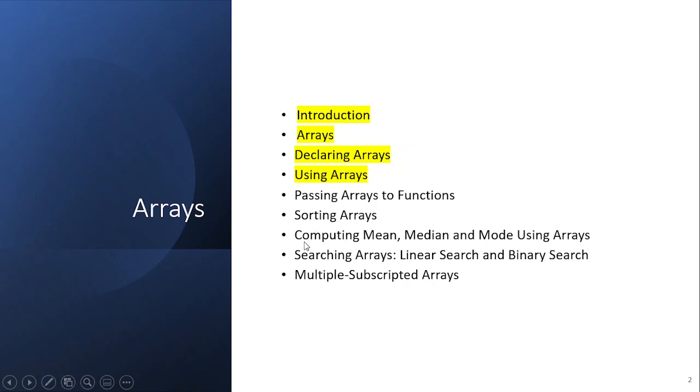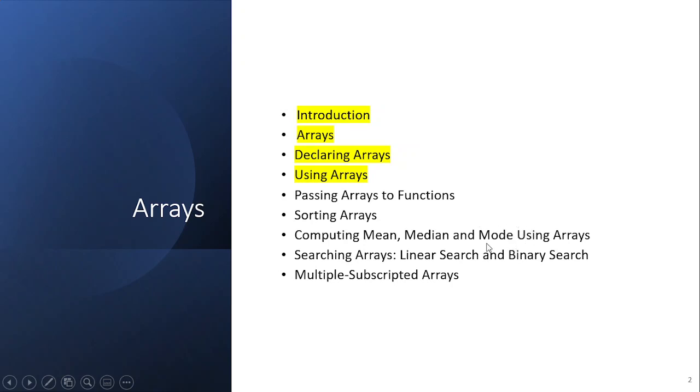And then we'll also look at some examples in which we will try to find the mean of an array. This should be easy because we find the sum of the elements of the array, so getting the mean is very easy. The median of the array: when you sort an array into a particular order, ascending or descending, the element in the middle is the median. So we'll see how to find the median of an array. And again, finding the mode of the array, the most frequently appearing element.